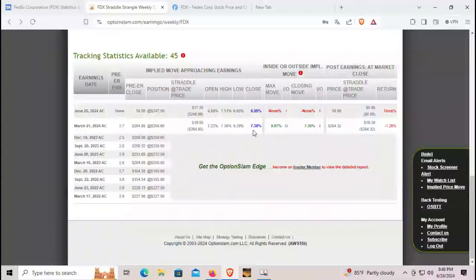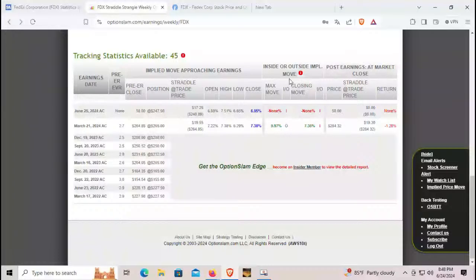As you can see, it's 265 to 65, and the straddle price is 260.45, so it was 1955. It opened at 7% positive, went high 7.38, low 6.29, and closed at 7.32. The max move here, I don't know why it says 9.97.